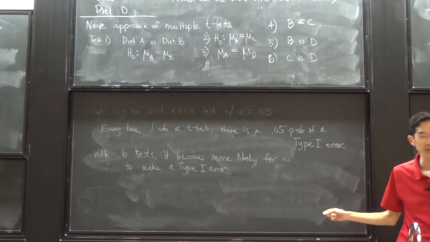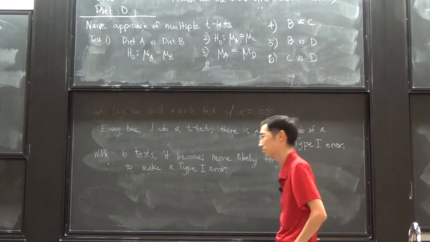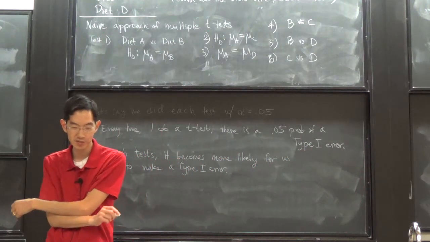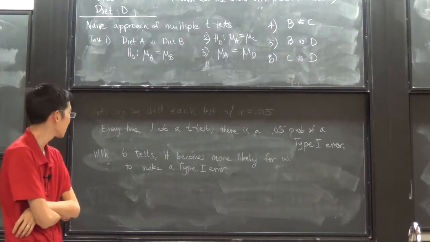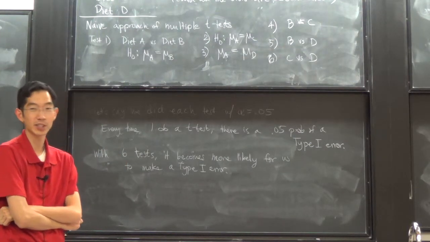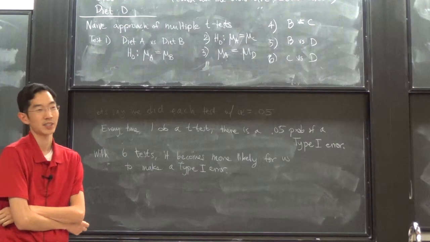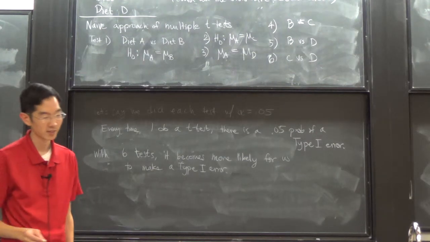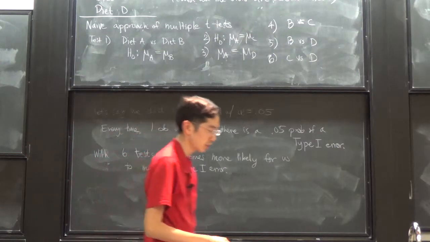And there's no good solution to this. People have different ideas. One is reducing alpha for any one test, so that your overall probability of committing a type 1 error is low.